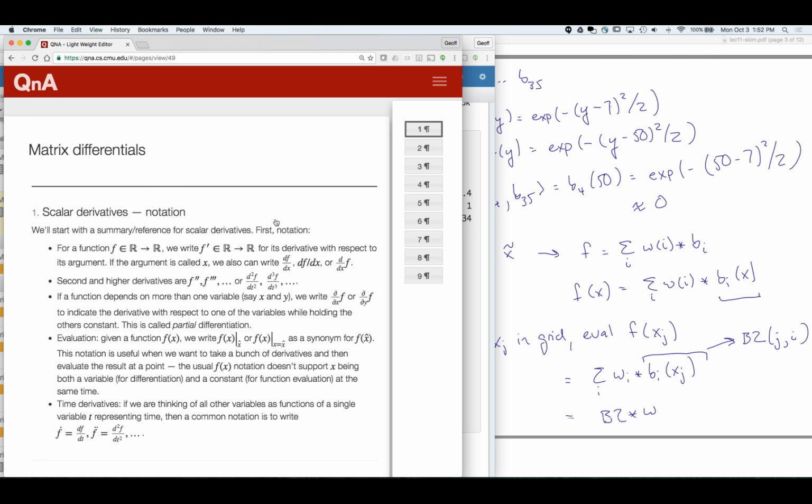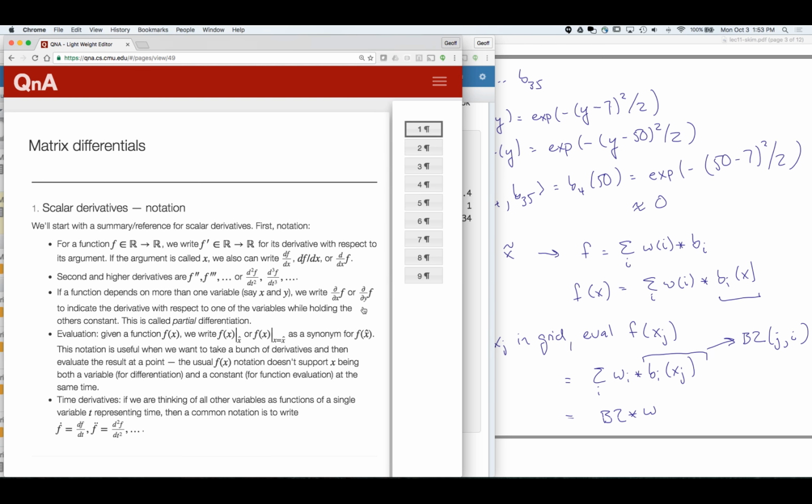Hopefully everybody is comfortable now with the linear algebra, because we're going to start assuming that you can do the linear algebra and work on layering calculus on top of that. Before we do that, we're going to briefly review scalar calculus, in particular scalar derivatives. People should, as always, ask lots of questions, but once we're done with that, we'll move on to combining that with the linear algebra.